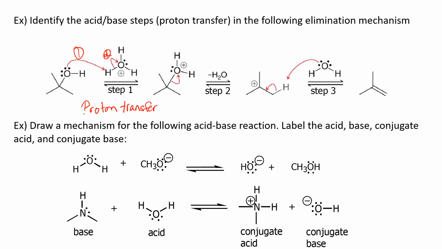And step 3, it looks like the tail of the arrow starts in a lone pair and goes to a hydrogen, and electrons from a bond end up on another bond. Now, they didn't end up on an atom. The only thing different here is that in our other proton transfer reactions, the head of the arrow ended up on an atom.